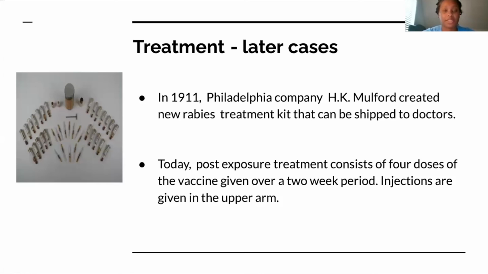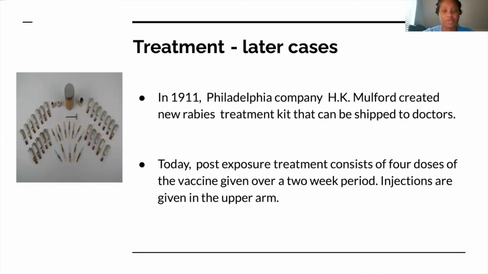However, in later cases, with the use of Pasteur's vaccine, a Philadelphia company created a new rabies treatment kit that could be shipped to doctors. The treatment consisted of 25 injections of rabies vaccine: 3 doses on the first day, 2 on the second, and then 1 dose each day after that for 18 days.